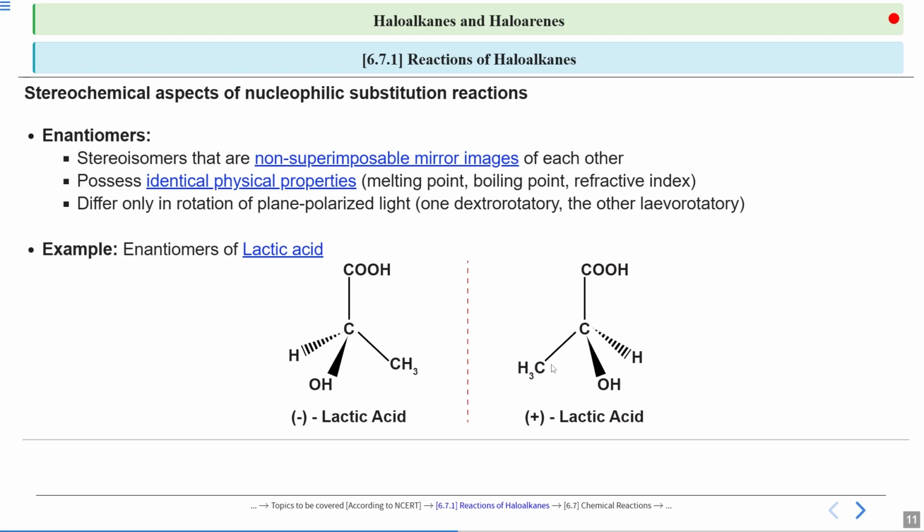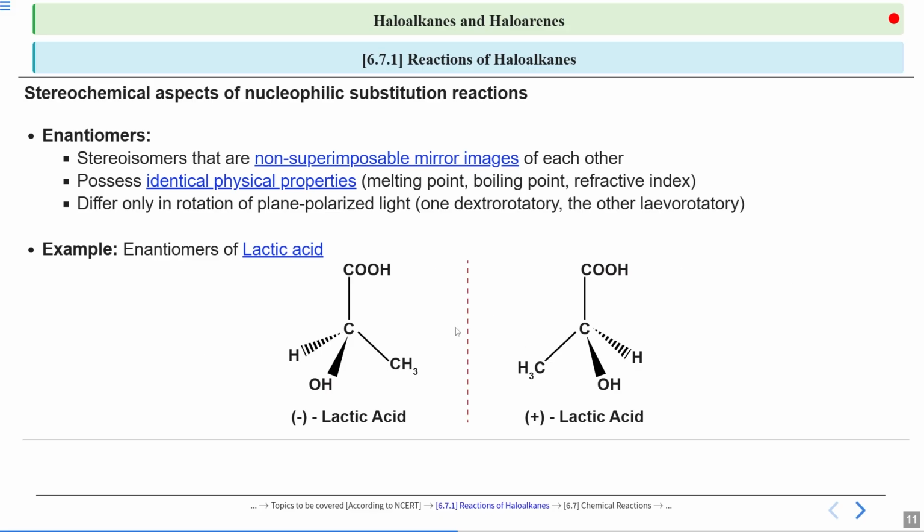And these two mirror images, this red line is showing the mirror, are non-superimposable mirror images. That means if you take the dextrorotatory one and put it onto the levorotatory structure, it will not be superimposed. So they both are non-superimposable mirror images of lactic acid, and they are the enantiomers.